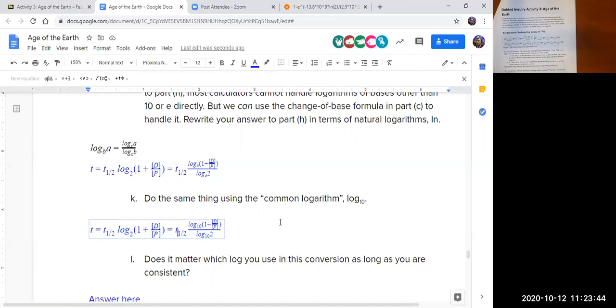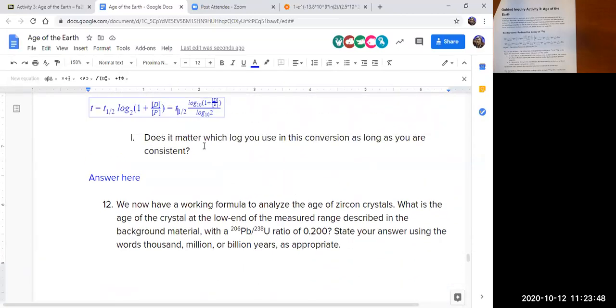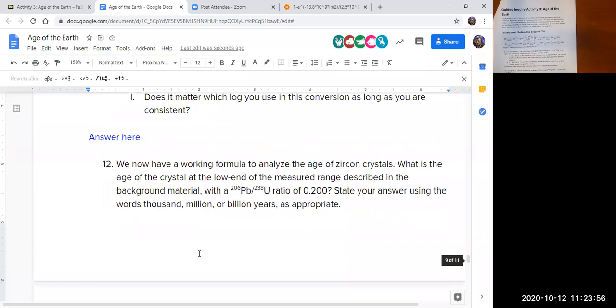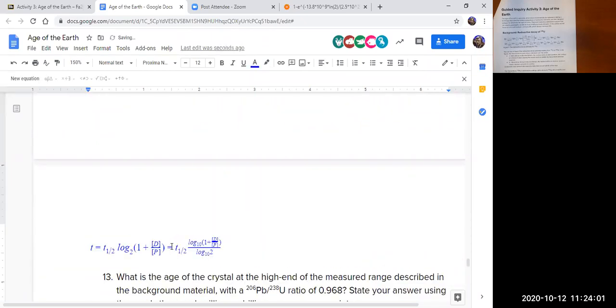Okay, so now that you have this formula, whichever one you want to use, you could take that one, for example, and you would then get rid of that intermediate part.